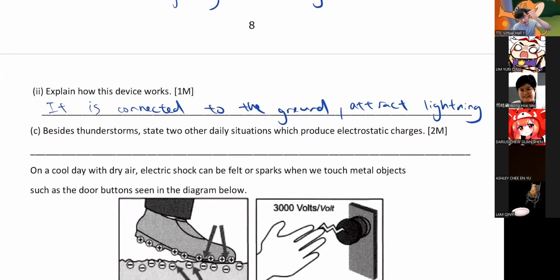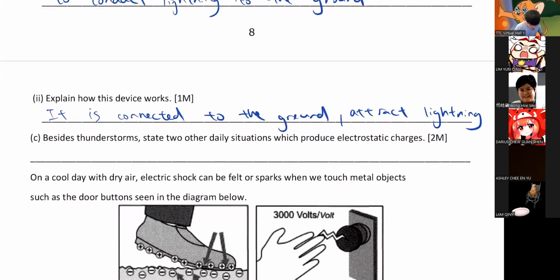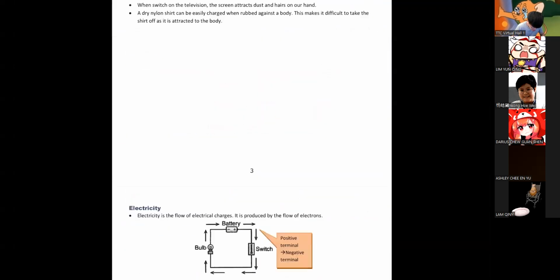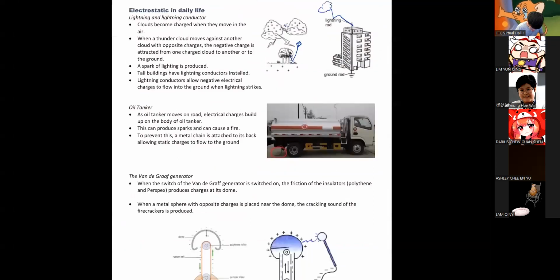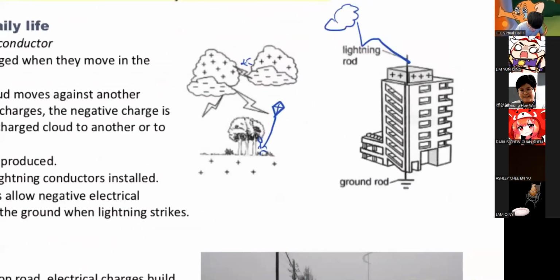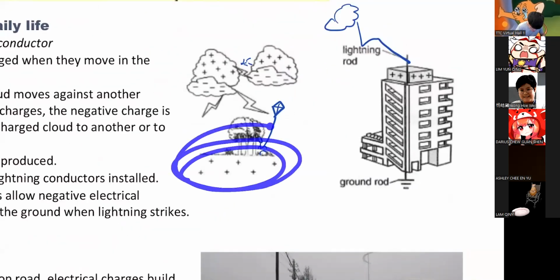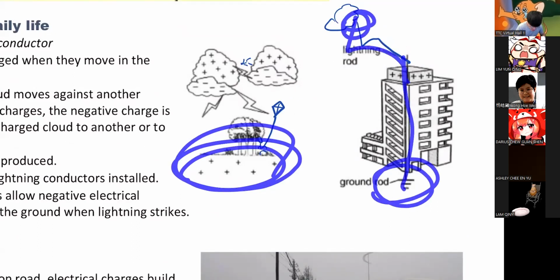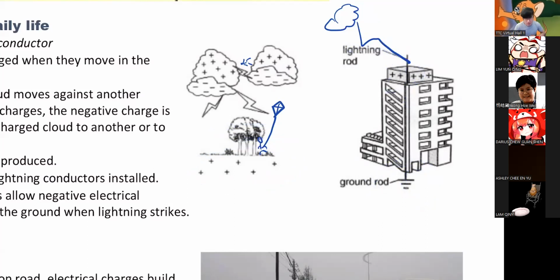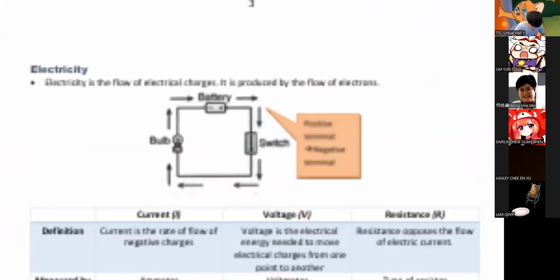Like I said, the ground is always positive, which is mentioned here. There, you see, the ground is always positive. So now when it is connected to positive, this negative lightning will hit here instead of the building. So now your building is safe.